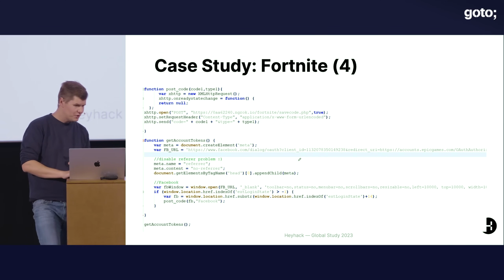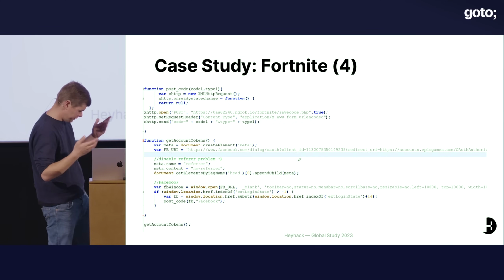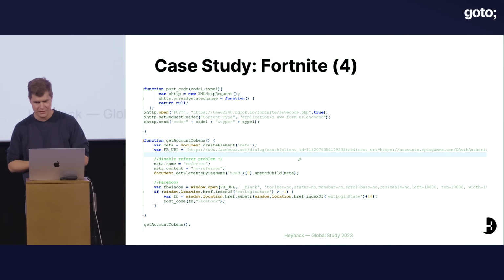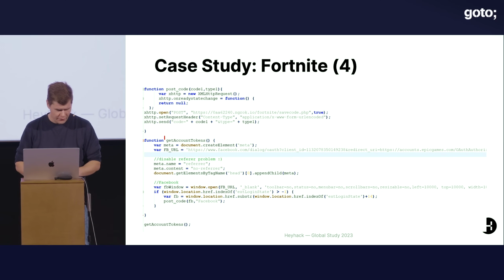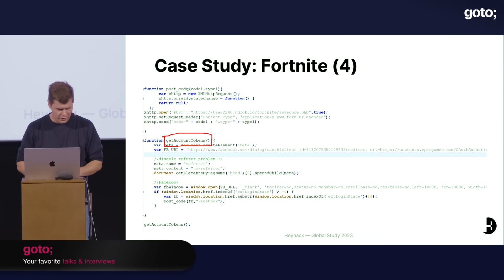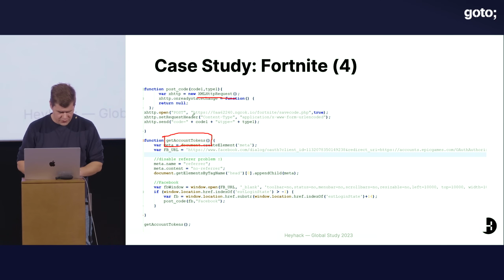This particular file that was hosted behind bit.ly hosted this script here. There's basically this little function that they created that extracts account tokens. And then they've created this little XMLHttpRequest object here, and made a request to a server that they hosted on their own PC.